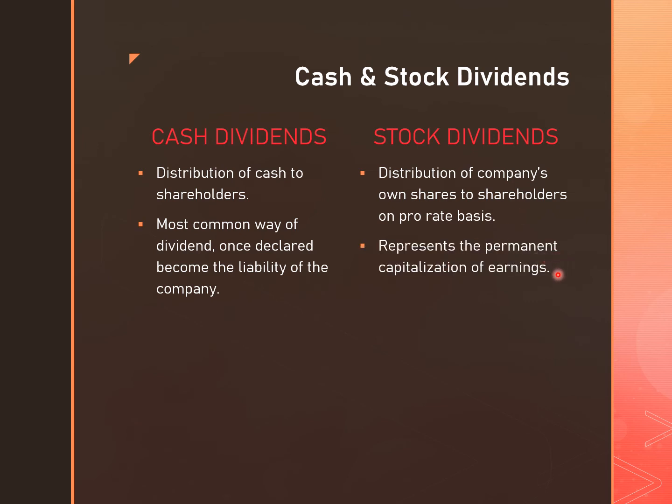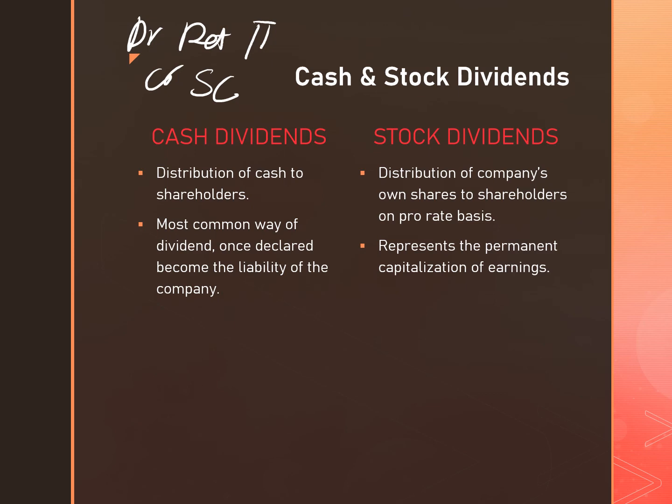It represent the permanent capitalization of earning. Apa maksud dia? Apabila you issue share menggunakan retained earnings, is actually transfer je. Dia macam you akan debit retained earning, you akan creditkan share capital.